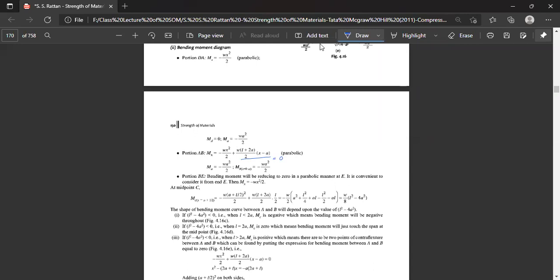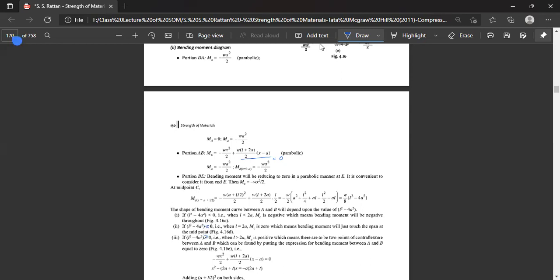I think I said both of these a bit wrong here. This is supposed to be 0 and that was to be greater than 0.